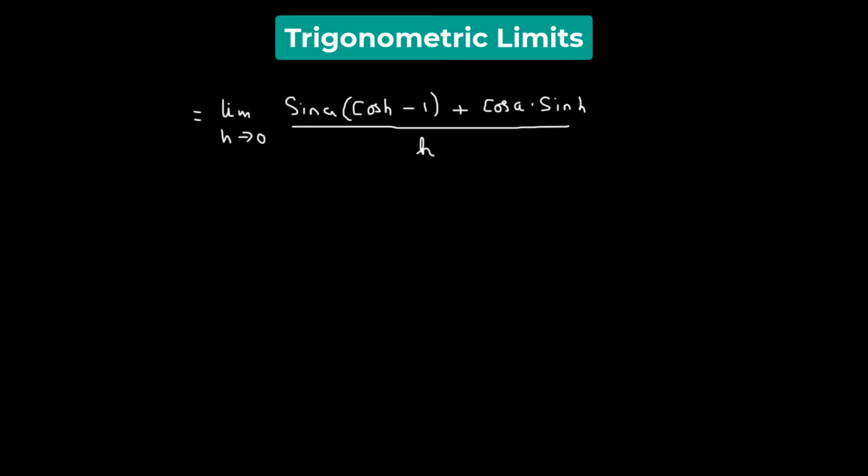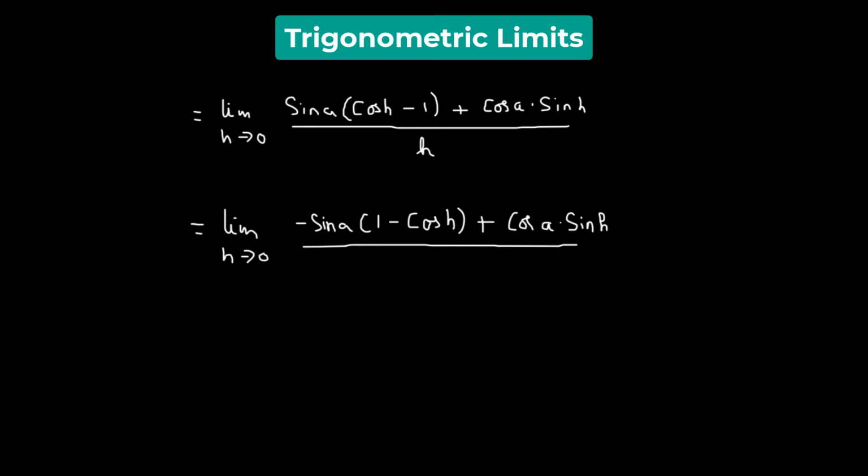Now we are going to take negative 1 as the common factor, we'll have negative sine of a times (1 minus cosine of h), plus cosine of a times sine of h divided by h.